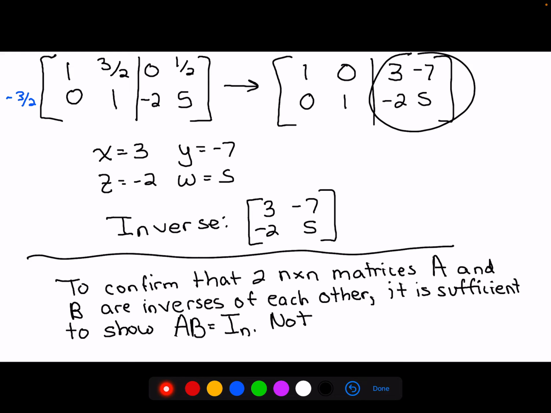Not necessary to also show B times A equals identity matrix. It will, but not necessary to show it. Once you show one, then that's proof enough.